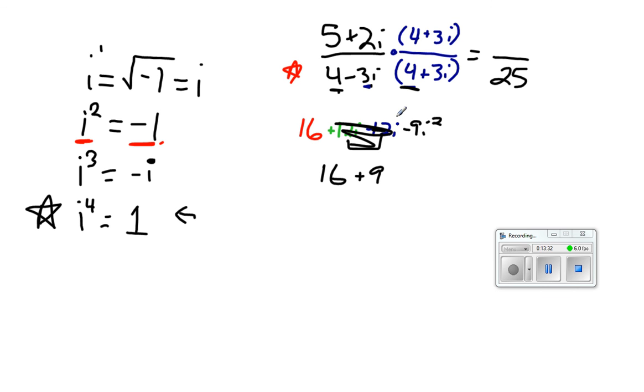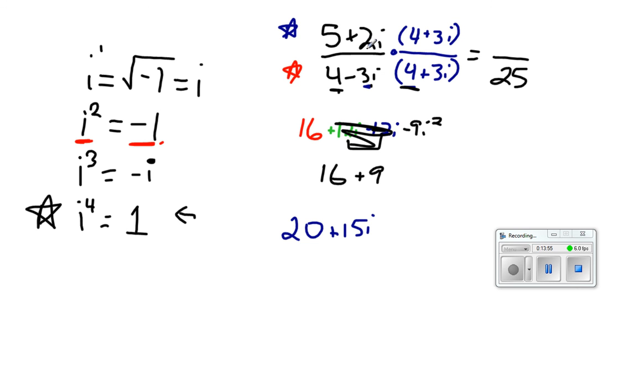Now the top part isn't going to clean up as nice. That's okay. So 5 times 4 is 20. Outer, 5 times 3i, 15i.